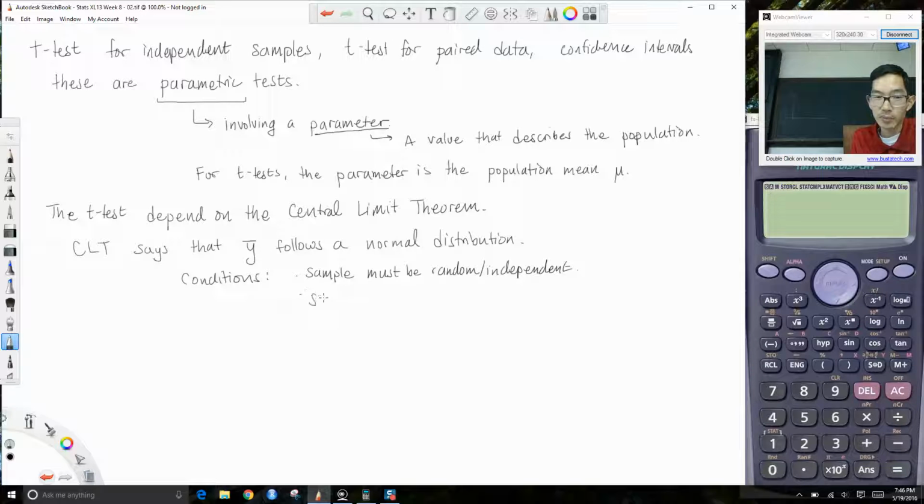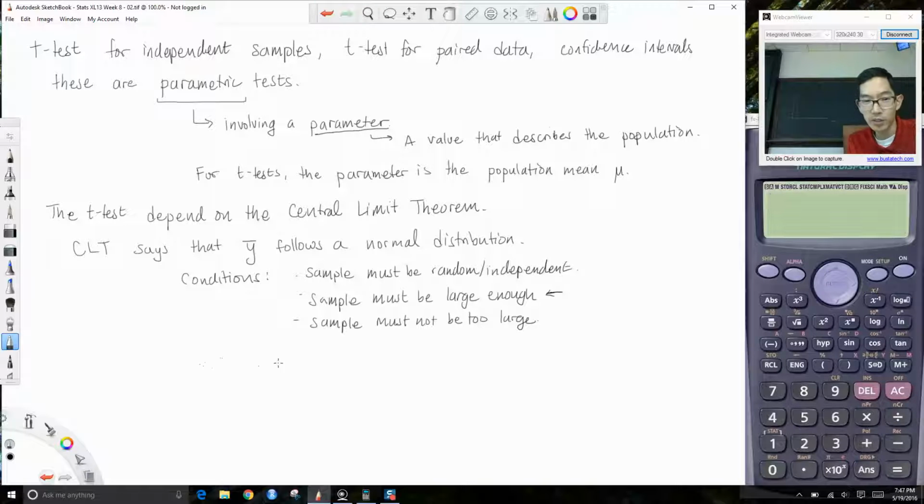The sample must be large enough, but not too large. This large enough condition is usually the hard one.